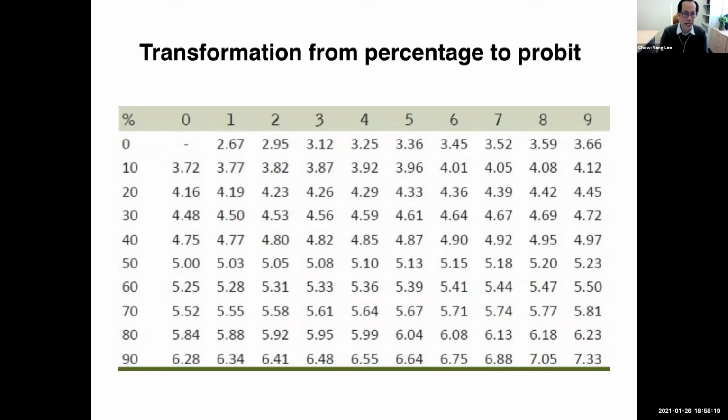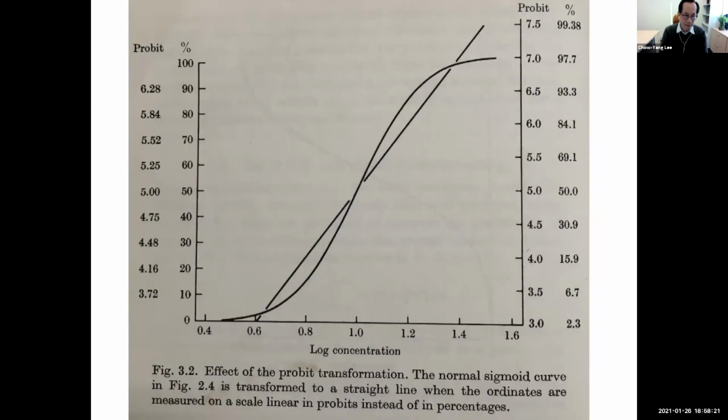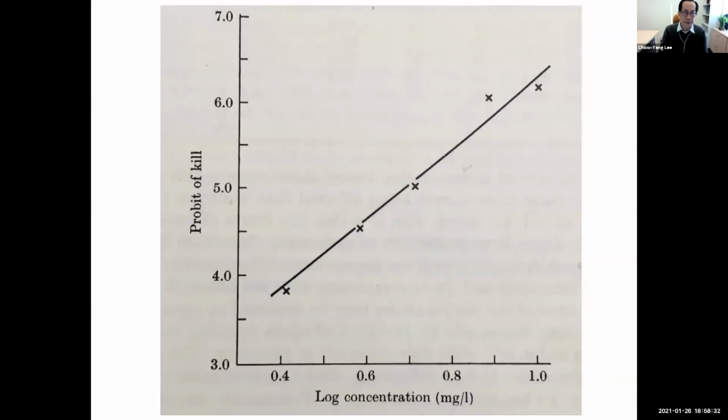So when you plot that, to your y-axis, you will get Probit unit, and you get log 10 concentration, you will get that straight line. So from that straight line, you can then determine what is 50% mortality, that is the Probit unit of 5, and then you can determine the concentration that will give you that.